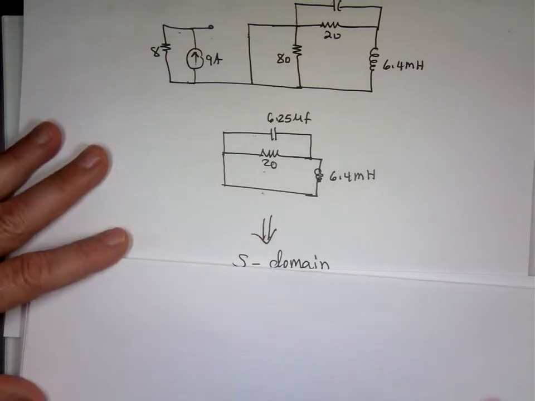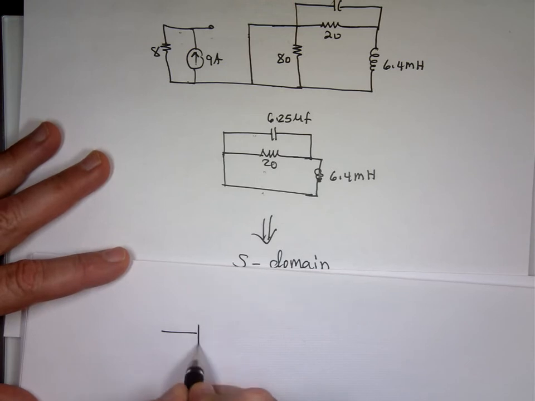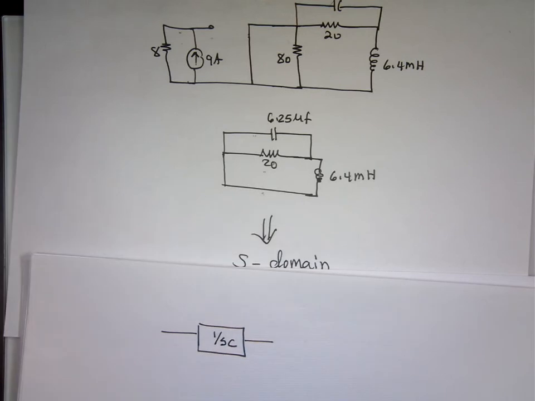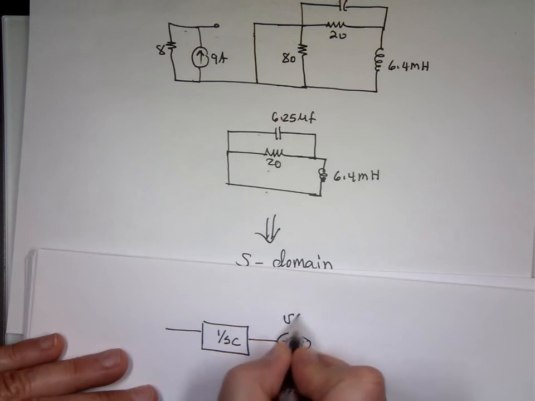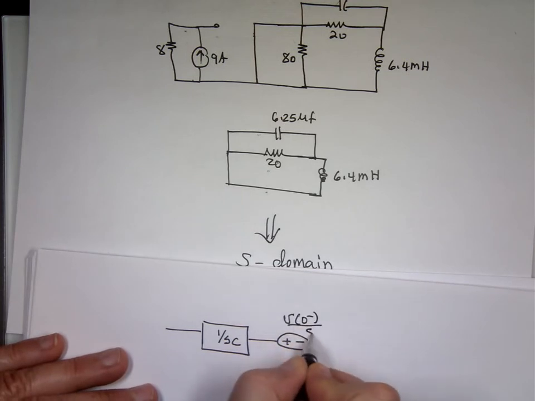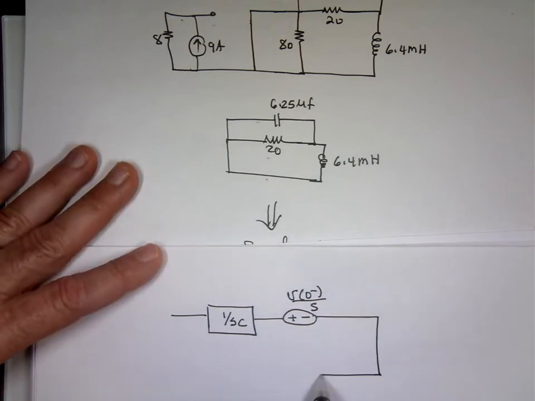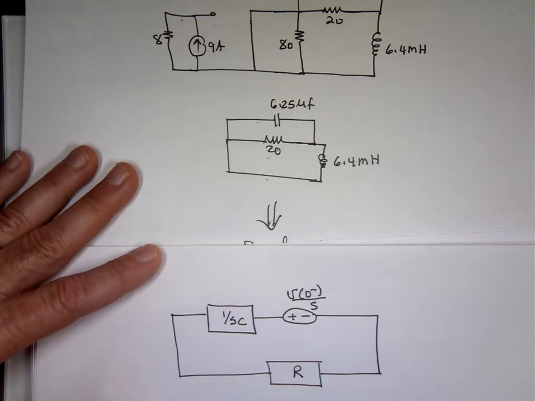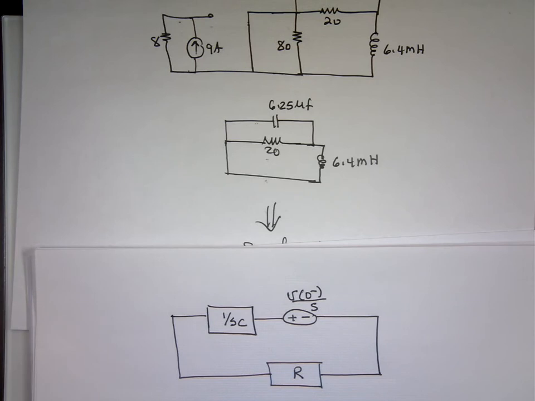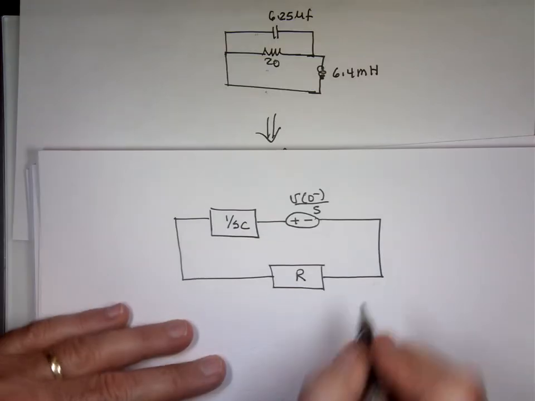So the capacitor, I'm going to replace it with 1 over SC, with a voltage source in the same direction of the value V of 0 minus over S. The resistor stays the same. The Laplace of R is R. The inductor, here's my inductor.